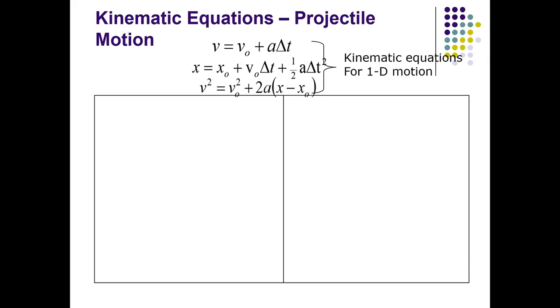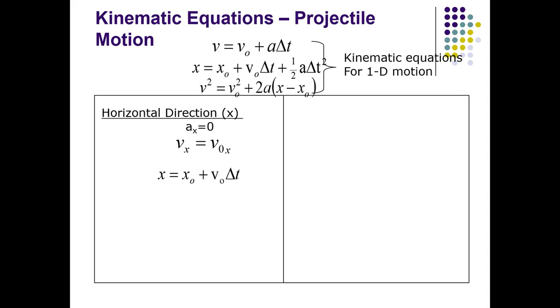But finally, kinematic equations for projectile motion. They are actually the exact same equations. We don't have to memorize new equations. We don't need to know anything new. We can use the exact same equations to study this motion. However, what we have to do is break it up into the x and the y direction.